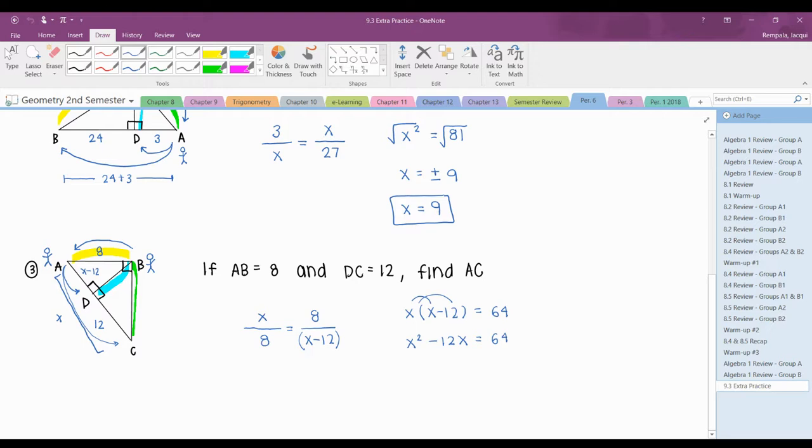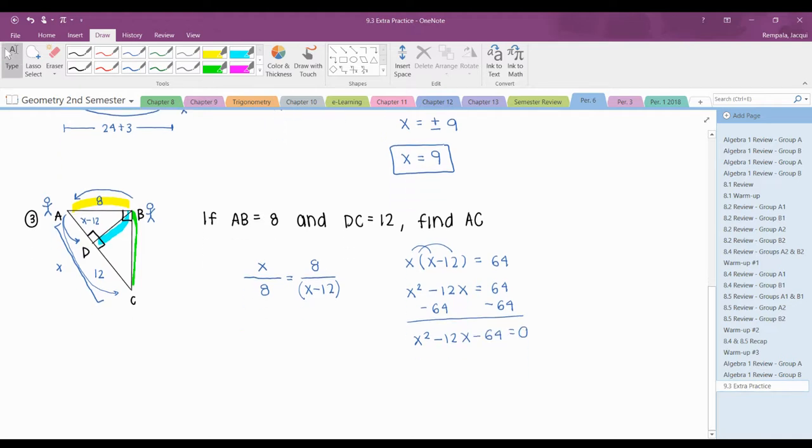Now we have to recognize that because I have an x squared, an x, and a number, this is going to involve factoring. But in order to factor, I need everything on one side. I want the x squared to stay positive, which means I'm going to move the 64 over to the other side by subtracting. That will give me x squared minus 12x minus 64 equals 0.